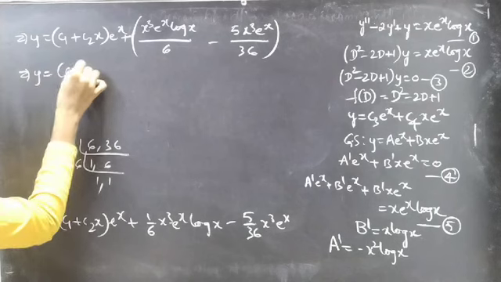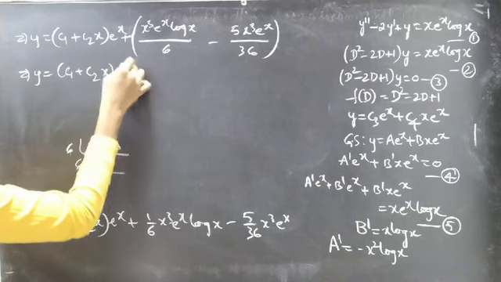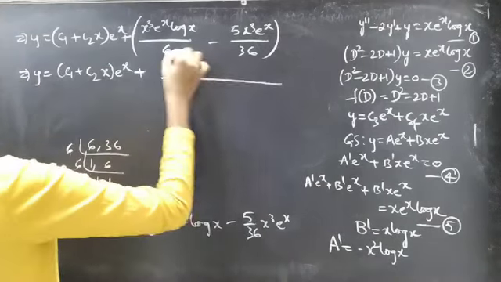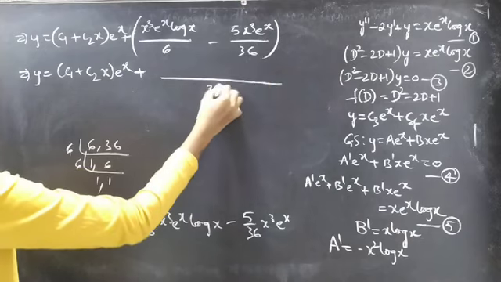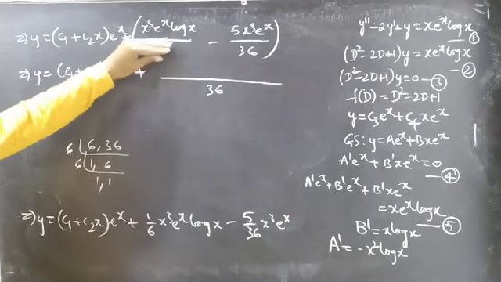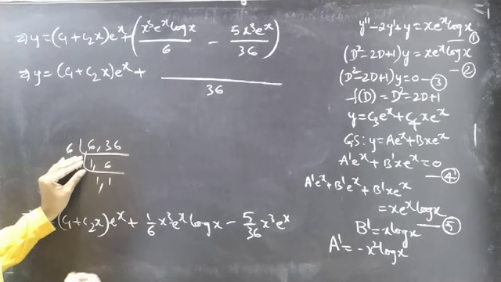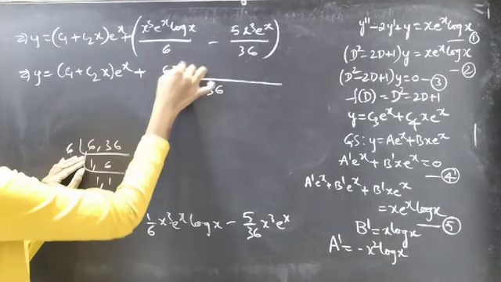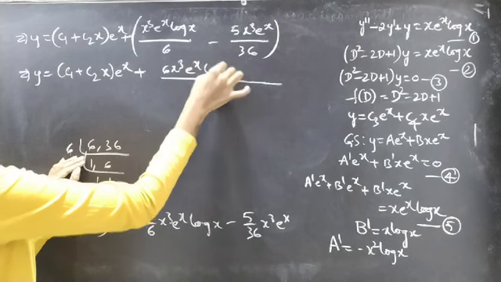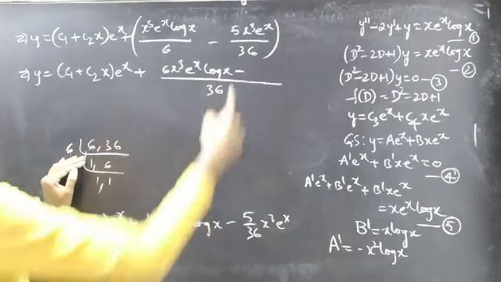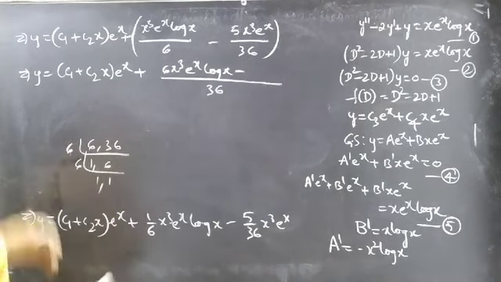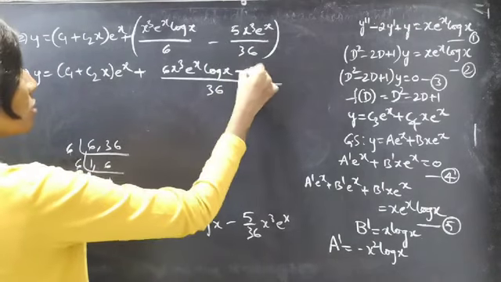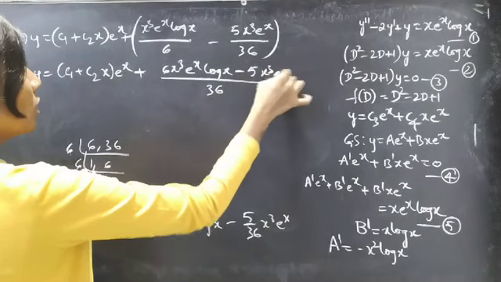This gives us y equal to c1 plus c2 x, into e power x, plus, the LCM of 6 and 36 is 36. The denominator of the first term is 6, so we'll cancel 6 and multiply 6 to this numerator. We'll get 6 x cube e power x log x minus, and here we have 36, so there is nothing to multiply with this numerator, so just write minus 5 x cube e power x.